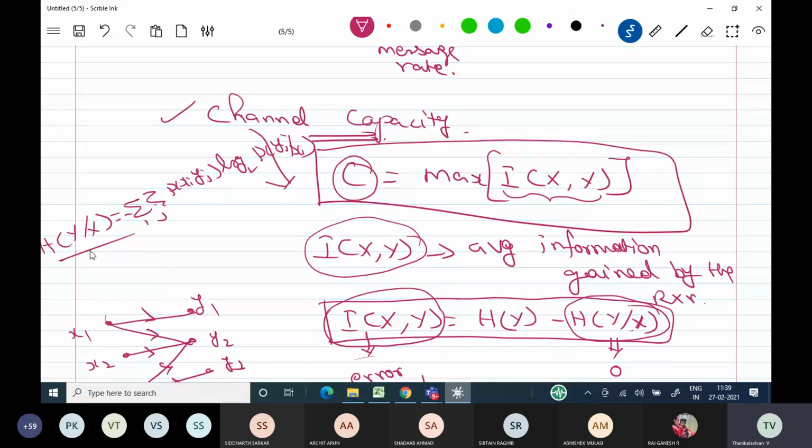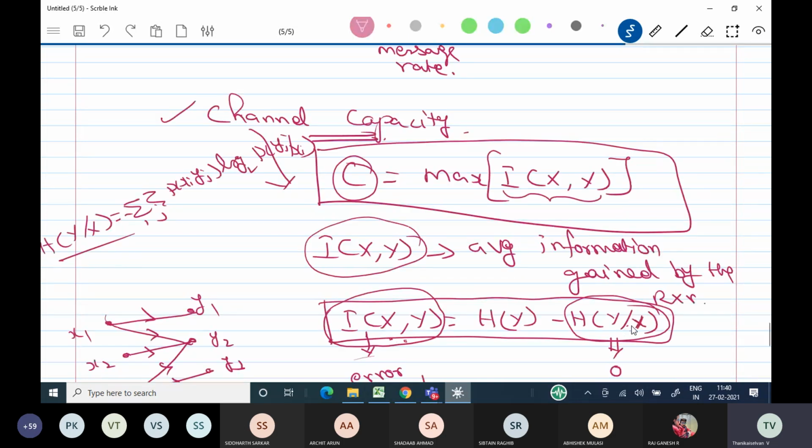If H(Y|X) is a very small value, you will be getting the maximum I(X,Y). It means that noise is very low. Noise is low means you will be getting the maximum value of I(X,Y), and noise is high means you will be getting a lesser value of I(X,Y). So the conditional probability is deciding your mutual information.